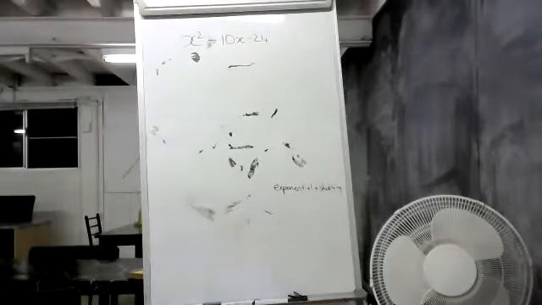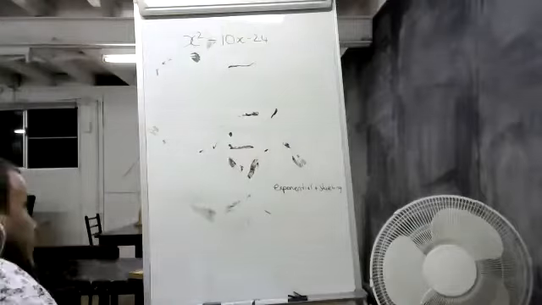The first bracket would be X plus 2, and then in the next one would be X minus 12. Perfect.